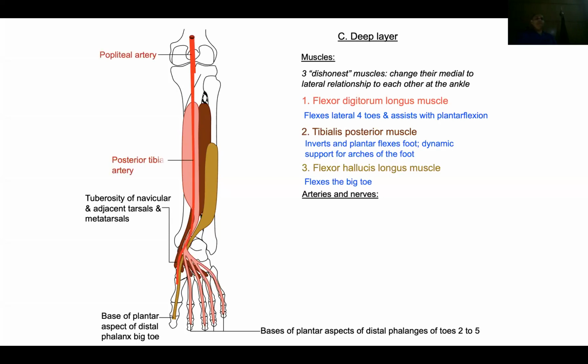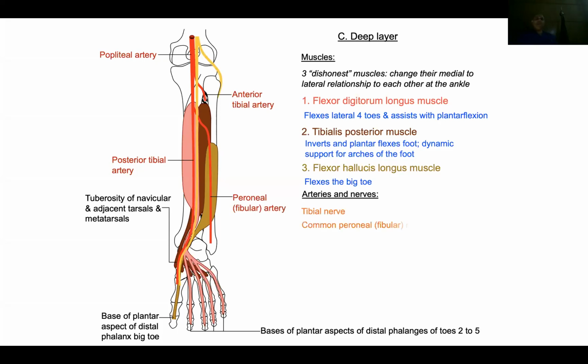So arteries and nerves, we are good with the posterior tibial artery. Popliteal becomes posterior tibial. Then it gives, what was that? Excellent, you guys are smart, mashallah. Anterior tibial. And then you can see the posterior tibial giving another branch which runs laterally. We call it the fibular branch. Fibular artery which supplies my lateral compartment group of muscles.